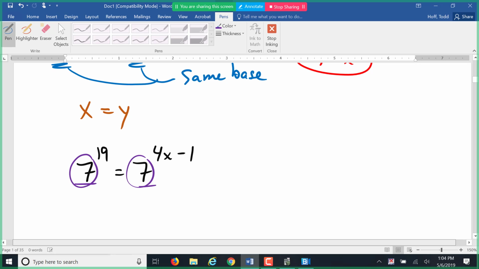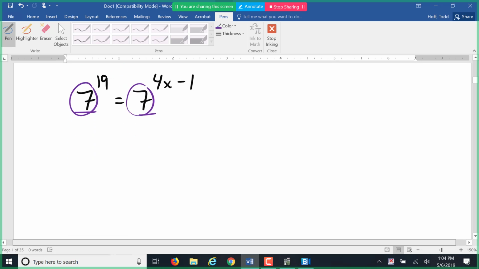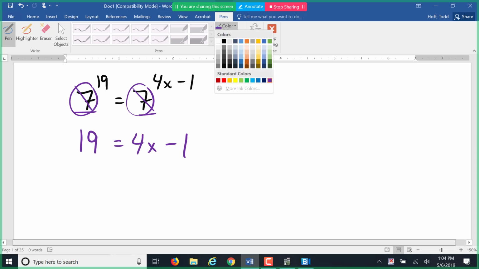They both have a base of 7. So I can cancel out that base of 7 and just know that 19 has to equal 4x minus 1. Now again, in the next couple of days, hopefully we'll get to it tomorrow, we'll look at the mechanism that allows us to cancel out that base of 7. But we know those powers have to be equal.